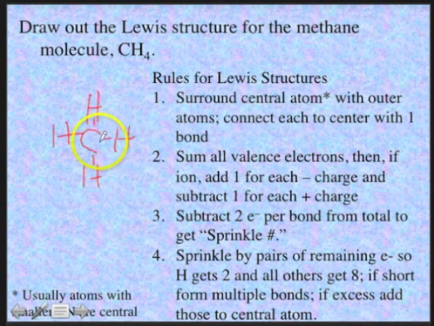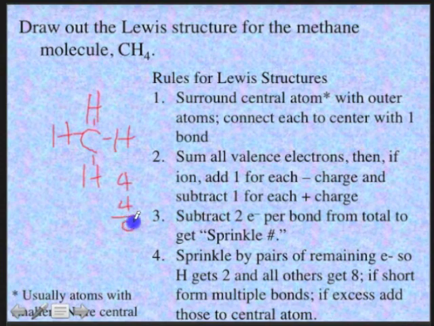So here we go. Carbon has a valence of 4, hydrogen has a valence of 1, and there are 4 of them. So that's 4 times 1 is 4. So our total number of electrons is 8. Now, rule 3, subtract 2 electrons per bond from the total to get the sprinkle number.